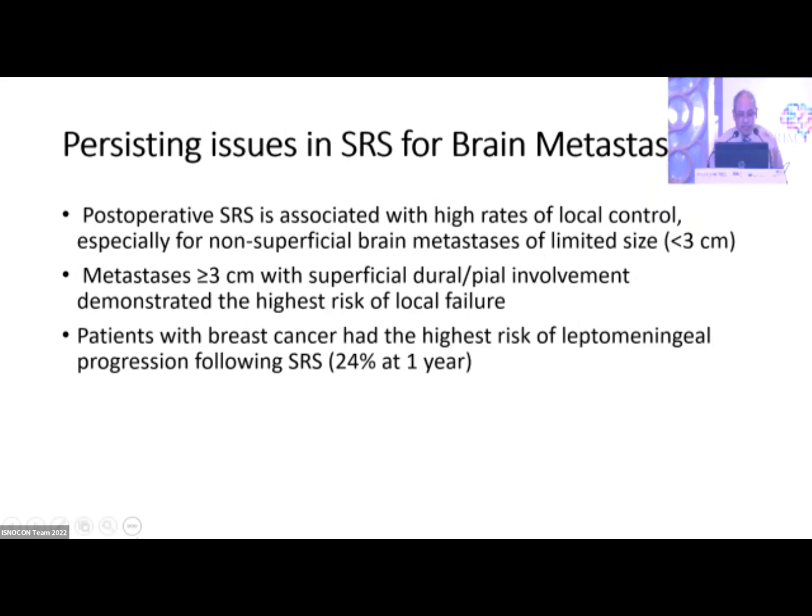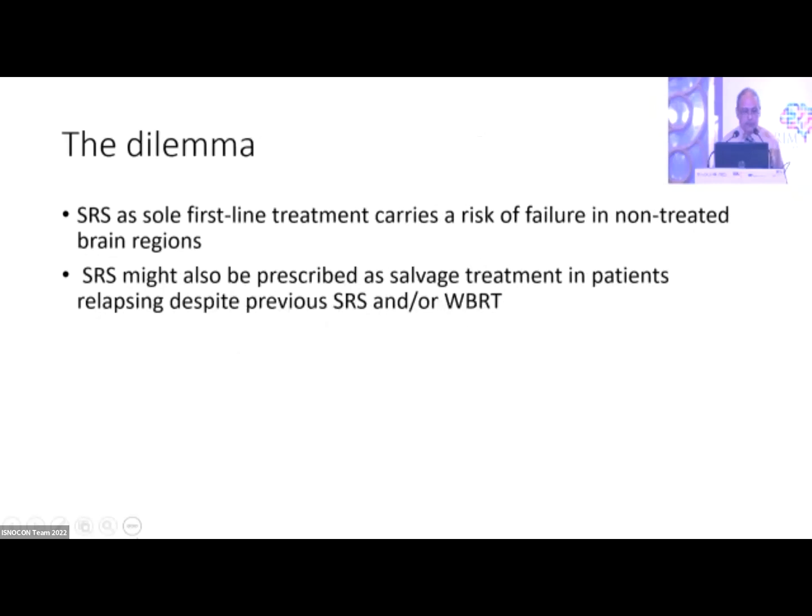In breast cancers, which carry the highest risk of leptomeningeal progression, the patient can have problems. So the dilemma is that the first line of treatment is supposed not to be radiosurgery, yes, but at the same time you can have salvage treatment with whole brain radiotherapy for patients where SRS has failed.